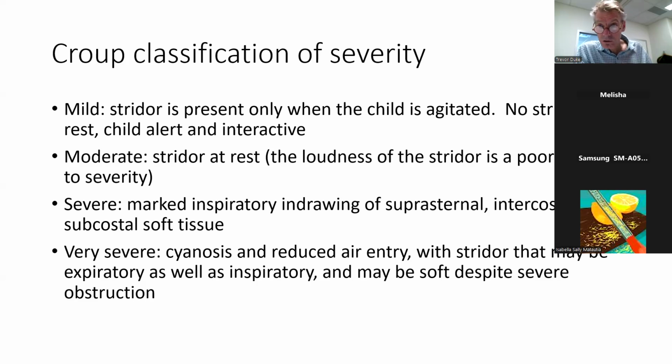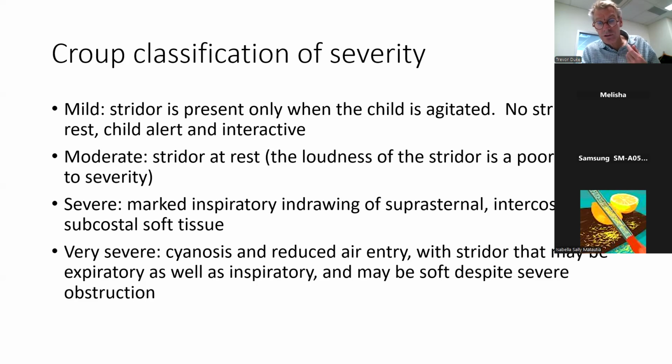Any child who's hypoxic with upper airway obstruction has evidence of severe upper airway obstruction, because unlike with pneumonia, there are other reasons why a child's hypoxic. If you've got croup or retropharyngeal abscess and the child's hypoxic, then it's likely that the airway narrowing is very marked.